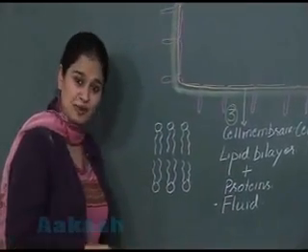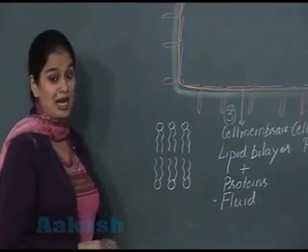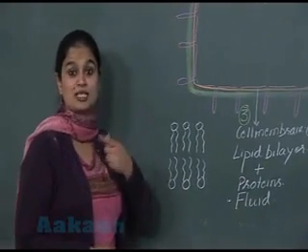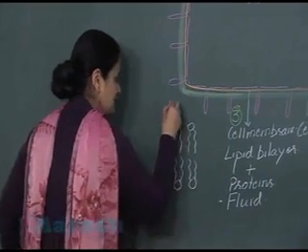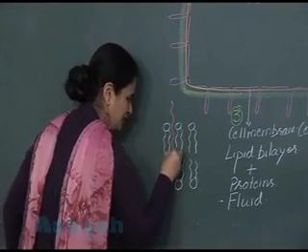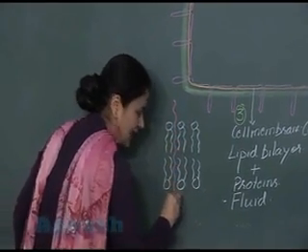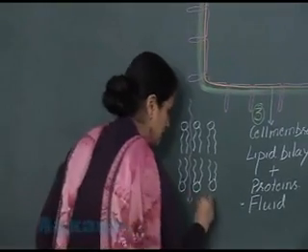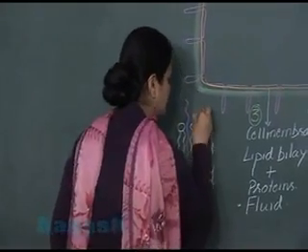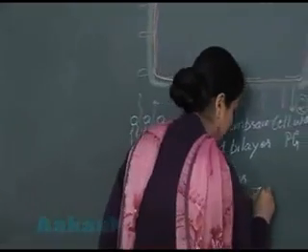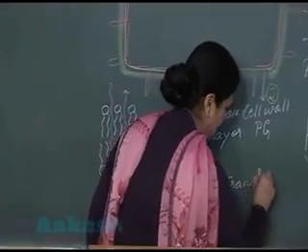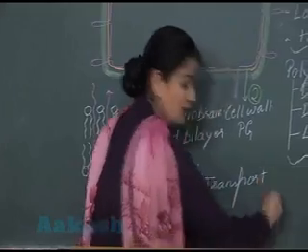Due to this fluid nature, the membrane has the ability to transport compounds. There can be movement of compounds inside the cell and movement of compounds outside the cell. So fluid nature helps in the transport of compounds through the membrane.